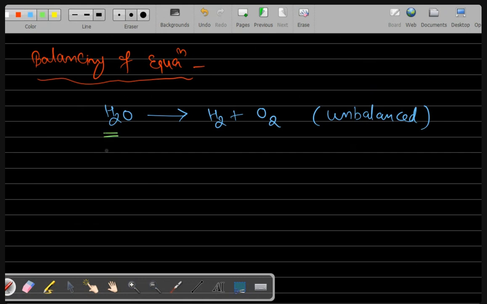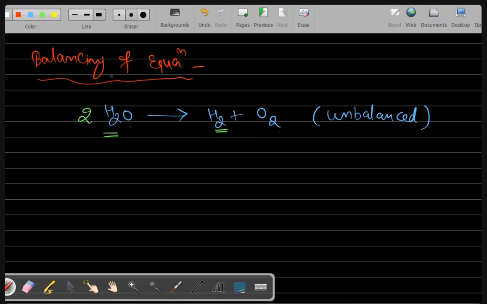Here, two hydrogen atoms are there, and two hydrogen atoms are there on the product side, so hydrogen is balanced. Now I come to the oxygen. Here oxygen has only one atom, while on the product side there are two atoms. So what I will do? I will multiply it by 2.